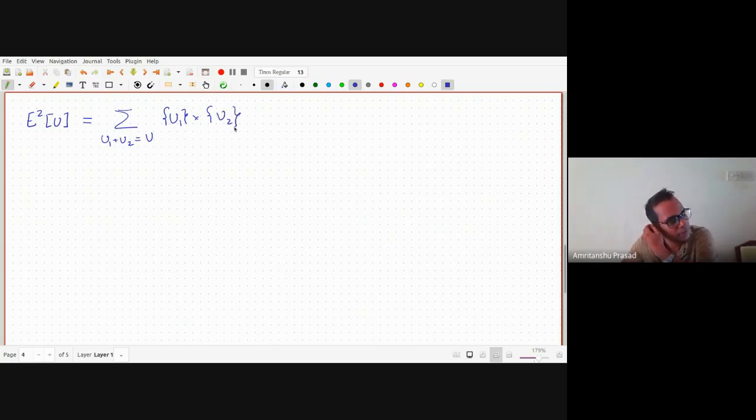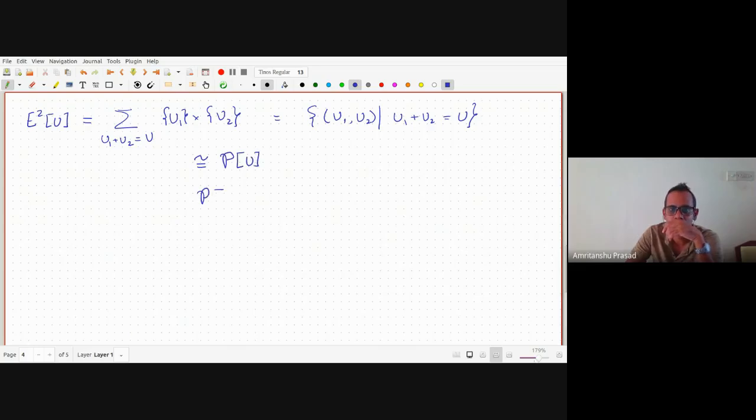Right? So it consists of all pairs u1, u2 such that u1 plus u2 is equal to U. So this is actually, you can think of it as subsets of U. This is isomorphic to the species P of U, where P of U is the set of subsets of U. You just take u1 as your subset, u2 will automatically be its complement, it's completely determined.